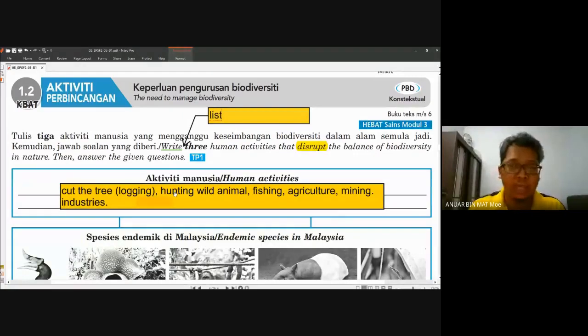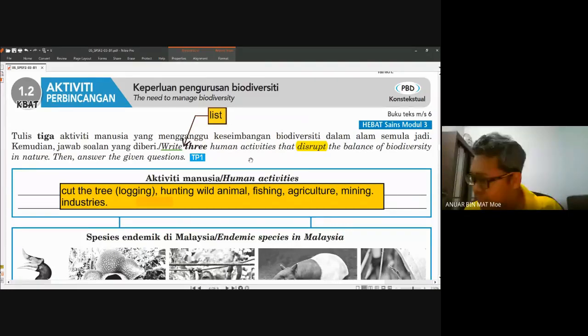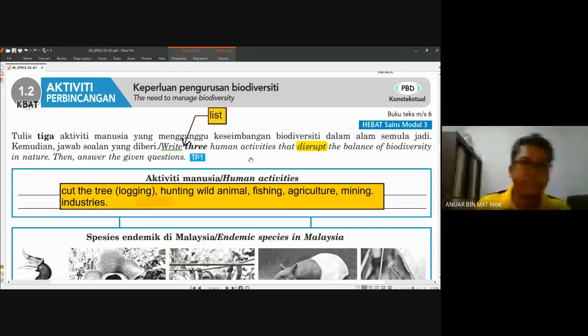Fishing, agriculture, mining, industry, logging, hunting, that's all. Based on the question asked, if the question asks you to write or to list, senaraikan saja. Tak perlu panjang-panjang lah. But if the question asks you to explain, you must explain what happened.